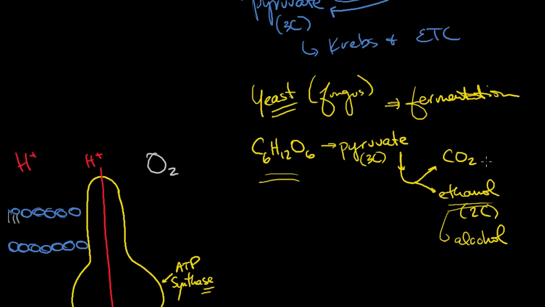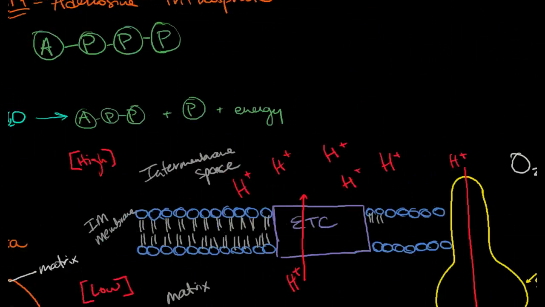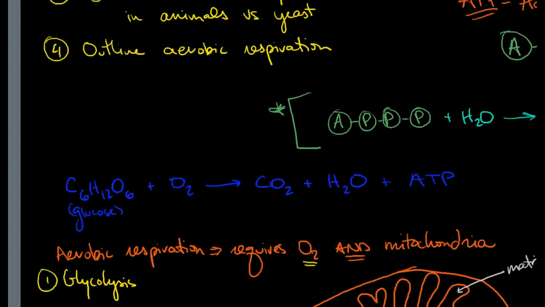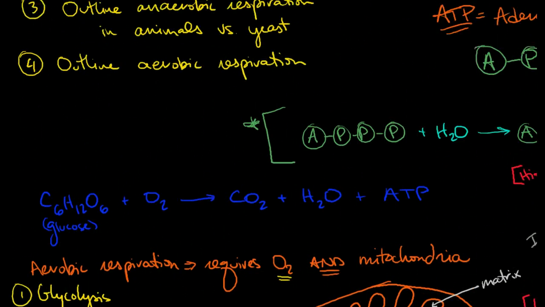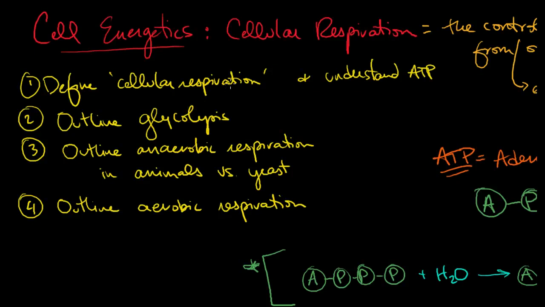Okay? And so I think that's it. So you need to make sure that you understand, let's see if we can go back. You should be able to define cellular respiration and understand ATP. Being able to draw them and explain where the bonds are is a fantastic model. Make sure you can do that. You need to be able to outline aerobic respiration, so that's glycolysis, then Krebs, and electron transport chain last.